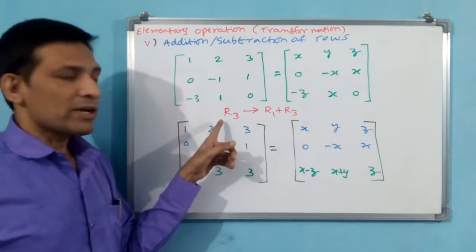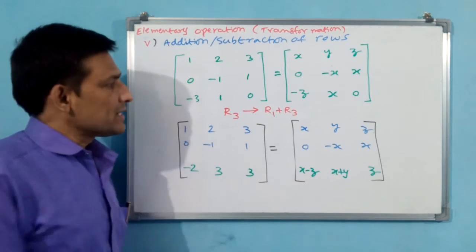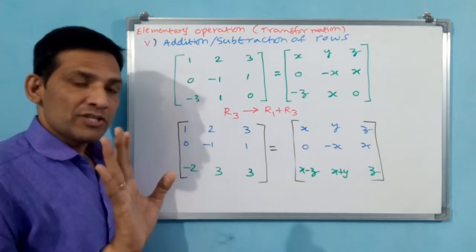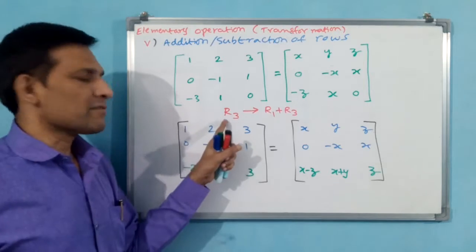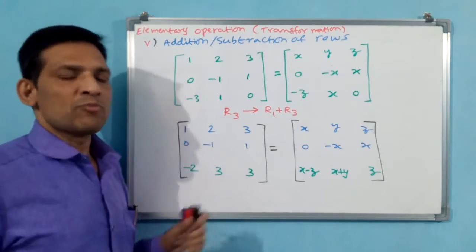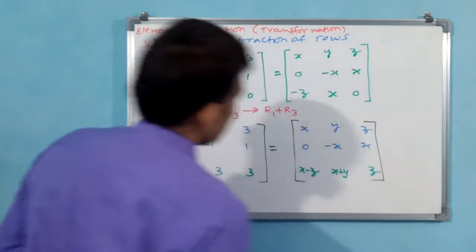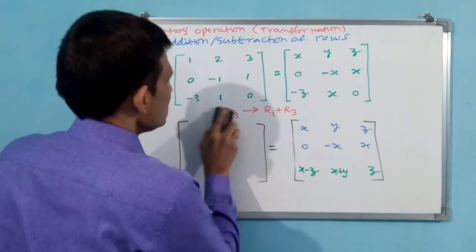See, where we have written on the left side, there only you have to make the change. On the right side another row number or another column number may come, but that is not going to change anything. These changes will occur in R3 only, in whatever row or column you write here. Okay. Let us go to the sixth elementary operation.